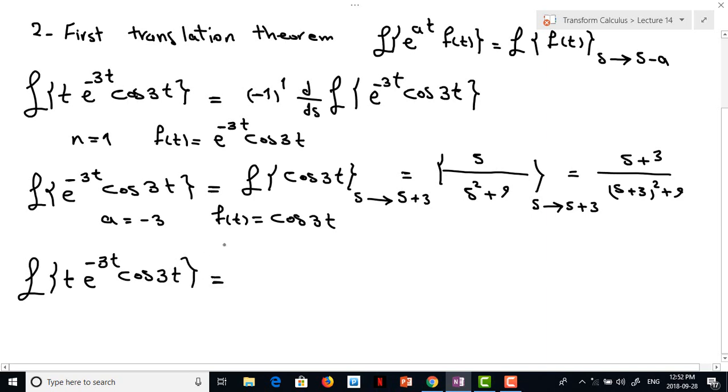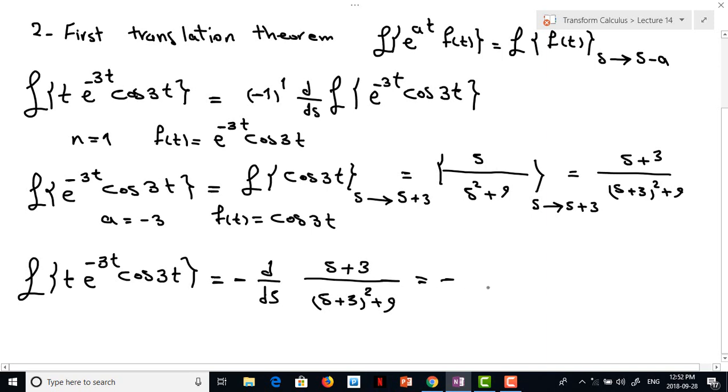And we said it's equal to minus d over ds, Laplace transform of e to the power of minus 3t cosine 3t that we found. It's s plus 3 over (s plus 3) squared plus 9. So you have to find this derivative.